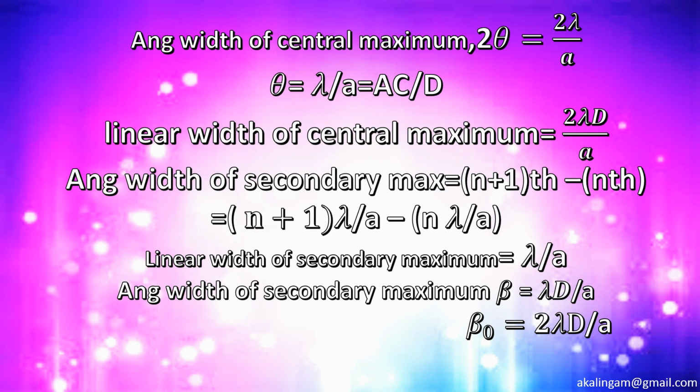I am just multiplying D to it. For the linear width of the central maxima, beta naught is equal to 2 lambda D by a. Just multiplying the distance D to it.